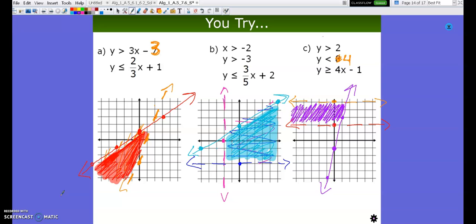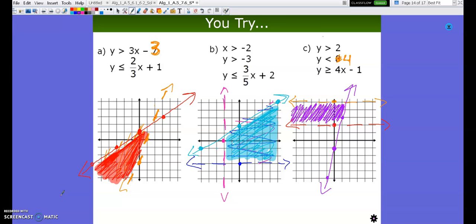For letter B, we had to graph 3 different inequalities, and we get this kind of trapezoidal shape for the shaded region.